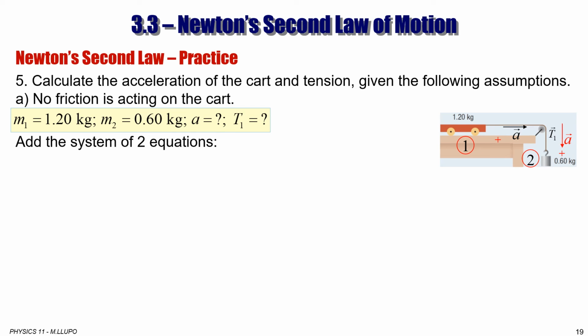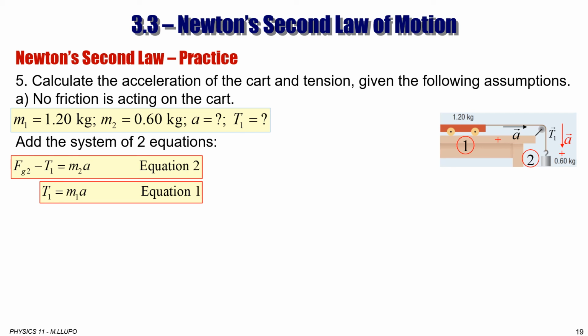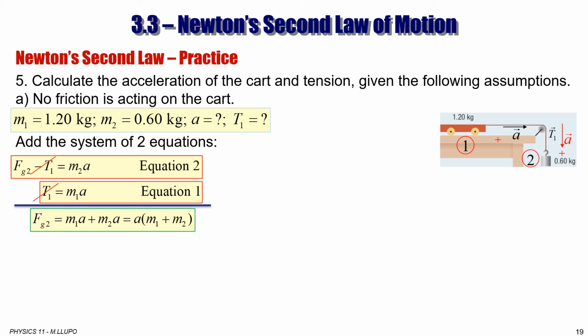Now the next step would be to add those two equations together, equation 1 and equation 2. Make sure we did not make any mistake, so both accelerations have to be positive. And another thing that you have to look at is that tension has to cancel. So Fg2 minus T1 plus T1, they will cancel. So on the left is Fg2, and on the right we have M1A plus M2A.